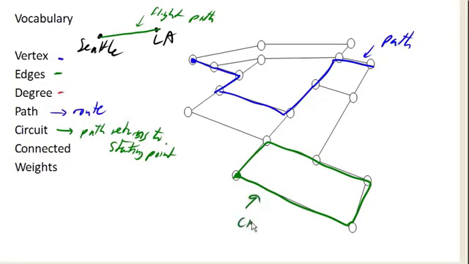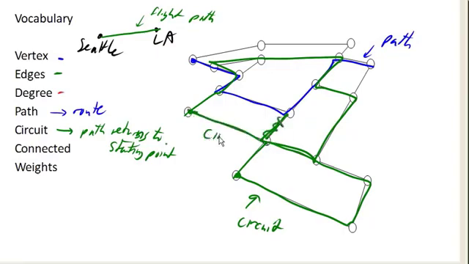Likewise, we could start here and go here, here, here, here, here, here, here, here, here, here. Uh-oh, no, never mind on that one. Here. And we've got ourselves another circuit. So it's possible to have multiple circuits on a graph, though later we'll talk about the idea of covering all the edges with a circuit, but that's a different problem, so we're not quite there yet.